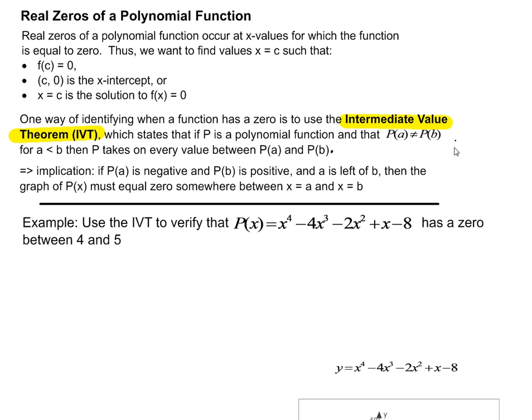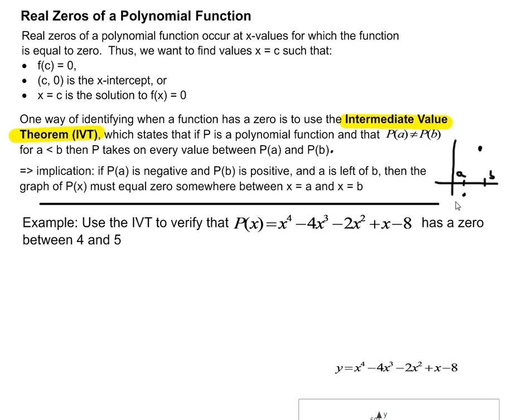That is, if I were to draw my graph of this polynomial, pick two points a and b along the x-axis, I find that the value of y at x equals a is below the x-axis, it's negative, and the value of y is above the x-axis at x equals b.